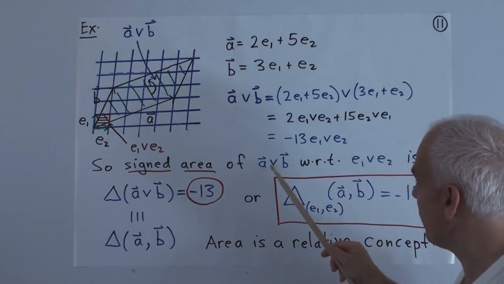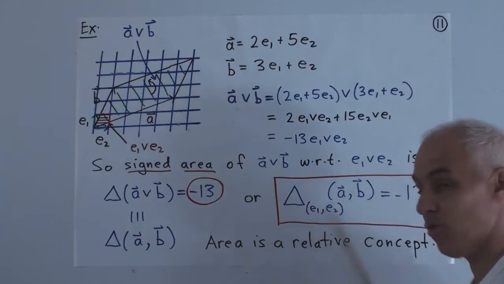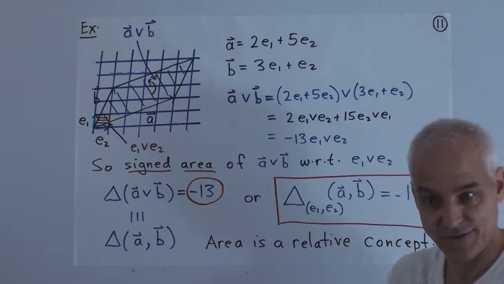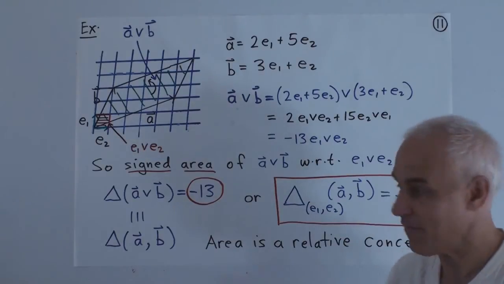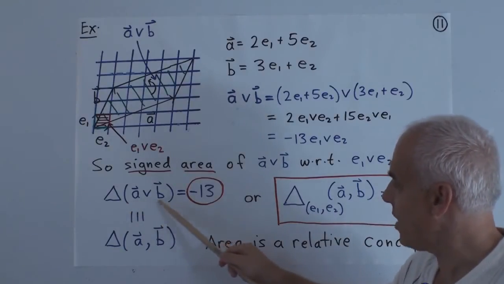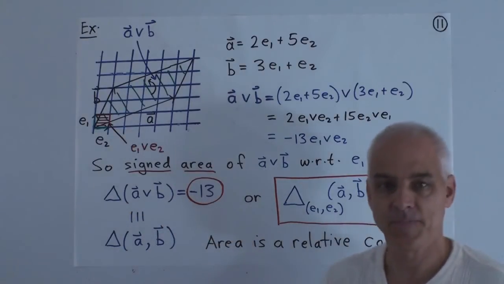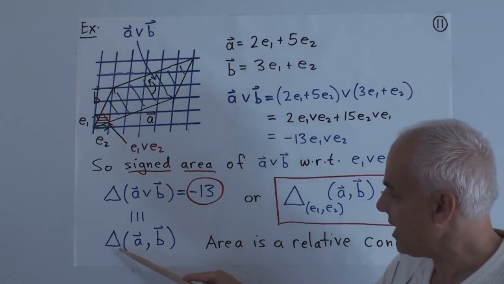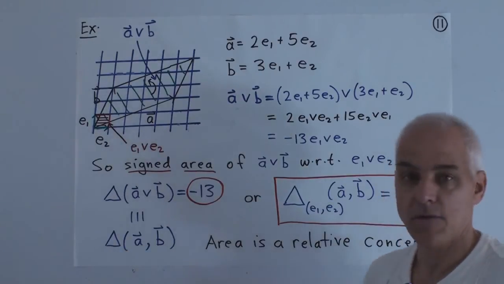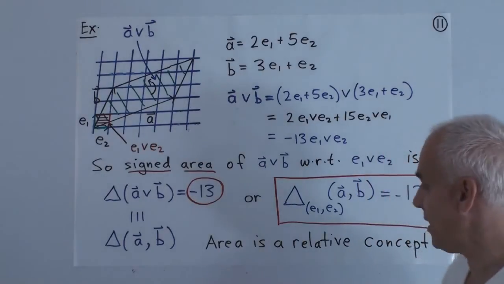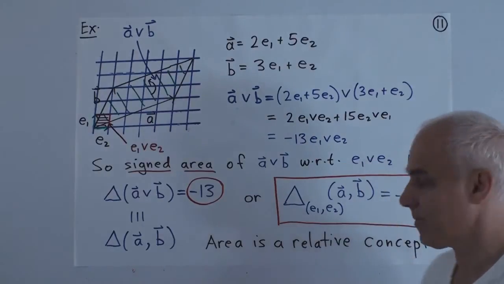So the signed area of A wedge B with respect to our basic e1 wedge e2 bivector, that's the one that we're starting with for our entire framework, is going to be this multiple. Delta A wedge B is minus 13. We also might just say that that's the signed area of A comma B, the signed area determined by these two vectors A and B with respect to e1, e2.